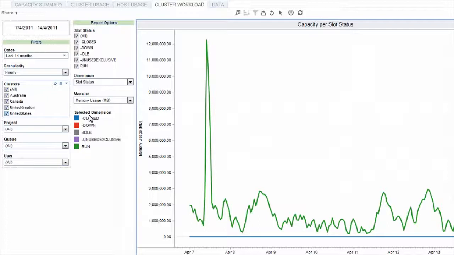In this view, I can also focus on individual clusters. I'll select the UK cluster.